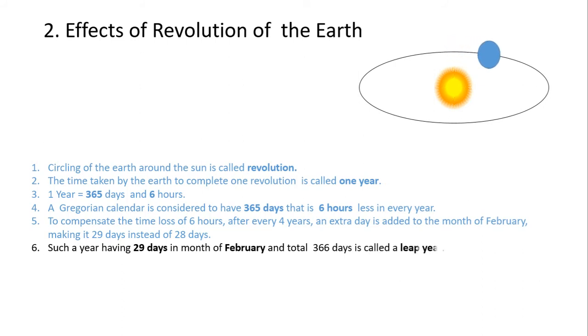Such a year, which has 29 days in the month of February and a total of 366 days, is called a leap year.